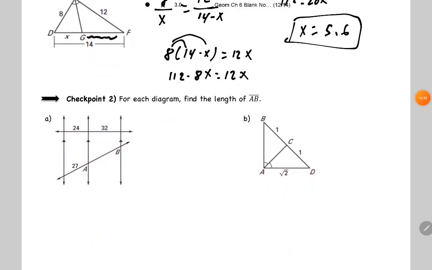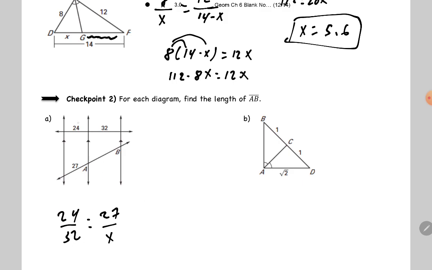Alright, find the length of AB. Okay, so this is what's going on. 24 over 32 is equal to 27 over x. Now you can create different proportions and you should get the same answer.